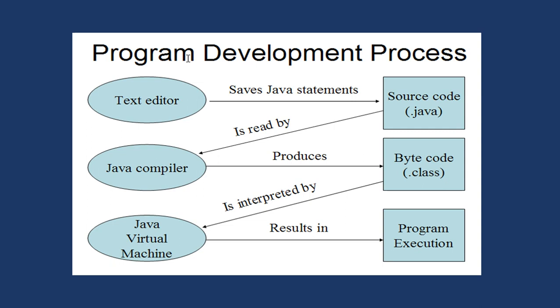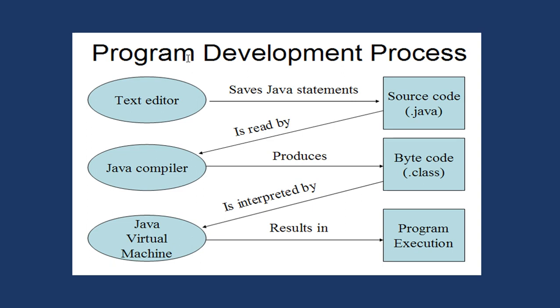Here in the slide you see that a Java program is typed in a text editor and saved as .java. The extension of a Java program is .java, as in C it is .c and in C++ it is .cpp. We are using .java to mention it is a Java program. That Java program is read by the Java compiler, which produces an intermediate file called a class file, also called the bytecode of the program.